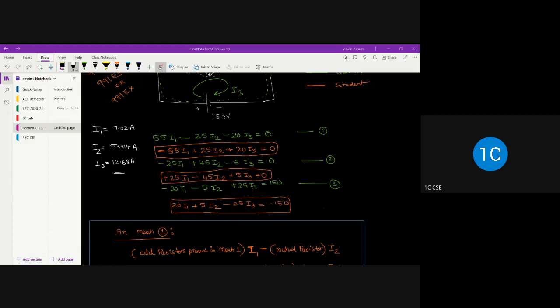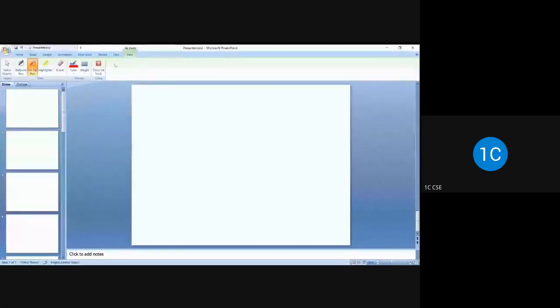My OneNote is troubling me a little. Can you see the white screen? Yes, sir. OneNote is troubling me, so I'm doing it in PowerPoint. All right, so please take down the question.